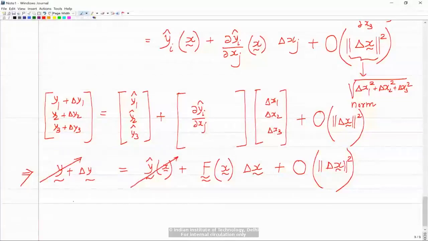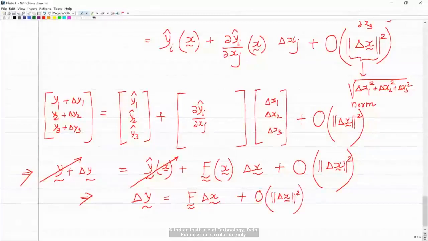So this brings us to the following formula: delta y, the deformed line element, is equal to the deformation gradient tensor multiplied with delta x, the undeformed line element, plus this extra term. Okay. Now this holds for a finite delta x.